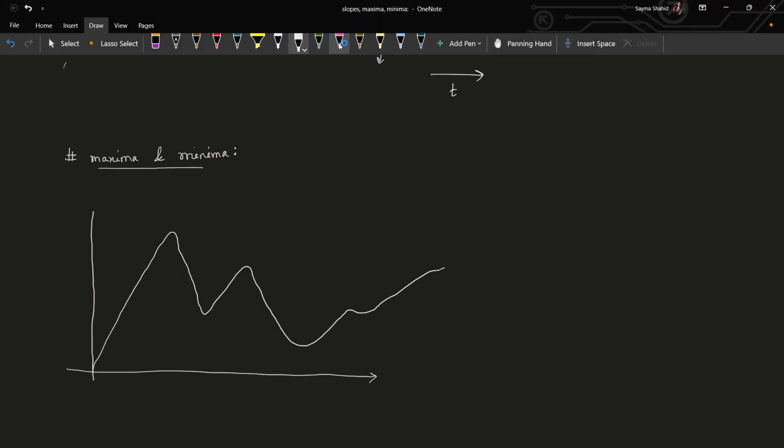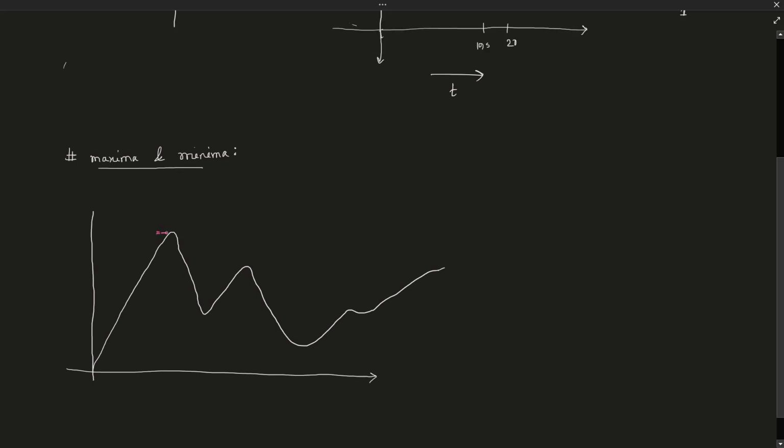If I want to draw a tangent line, these are the tangent points: this, this, this, and this.